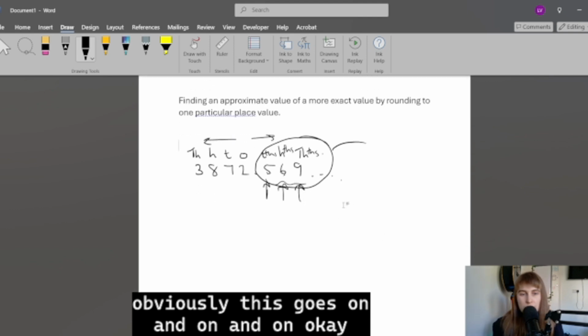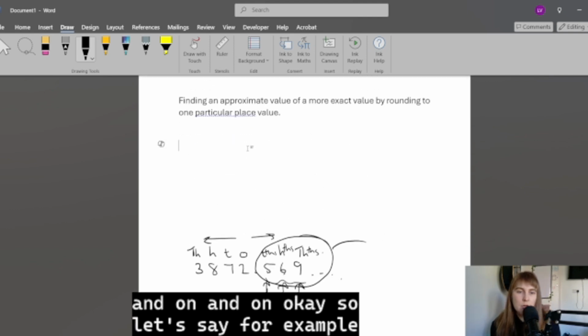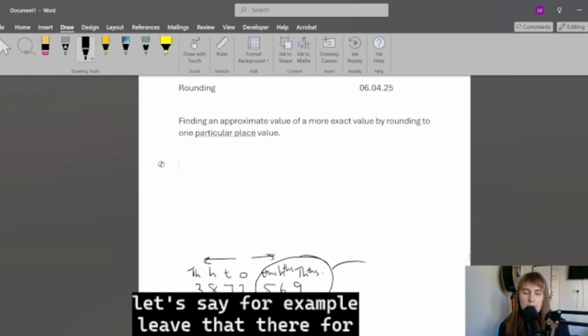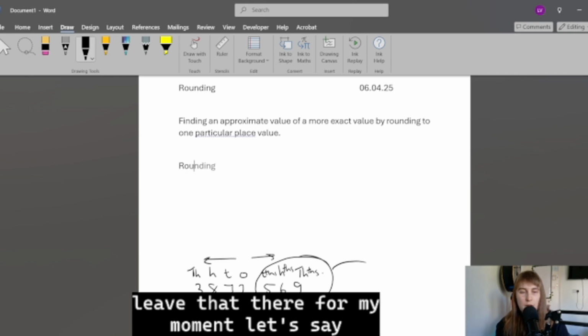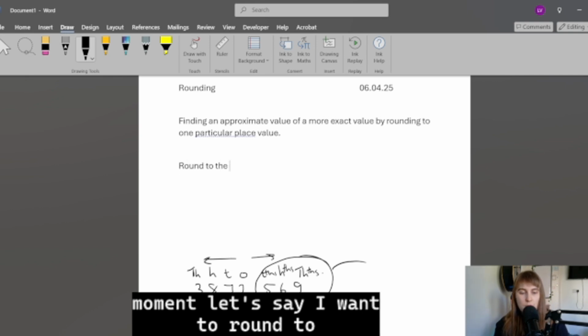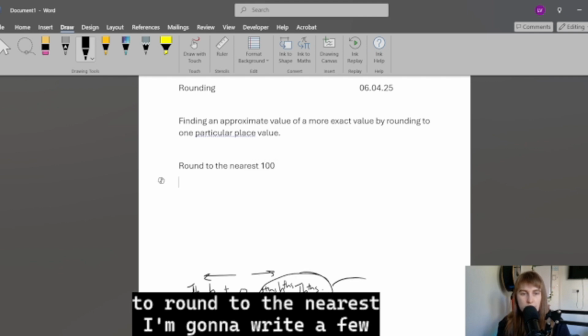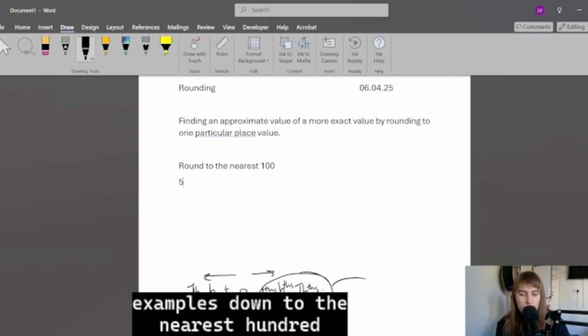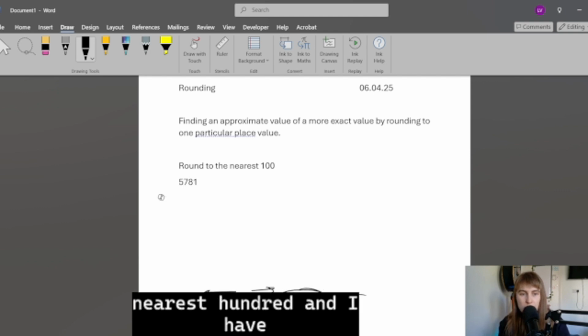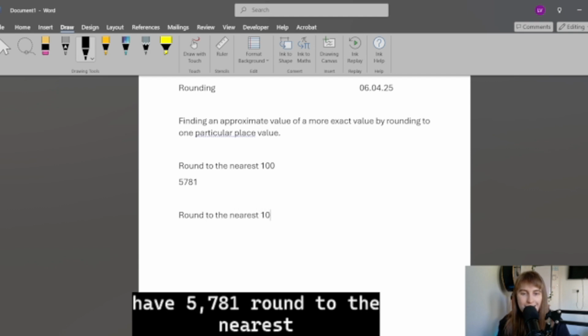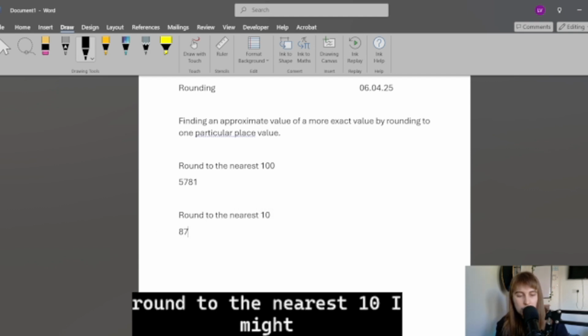Okay, so let's leave that there for a moment. Let's say I want to round to the nearest 100, and I have 5,781. Round to the nearest 10, I might have 876.